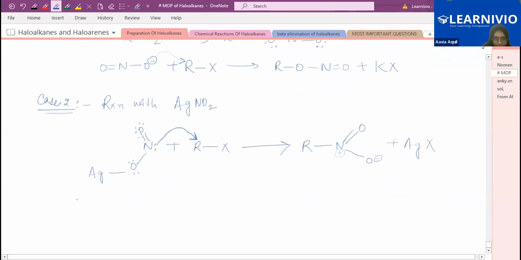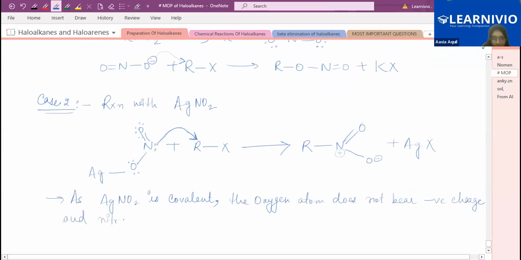Write down: AgNO2 is covalent, the oxygen atom does not bear negative charge, and nitrogen is less electronegative than oxygen.